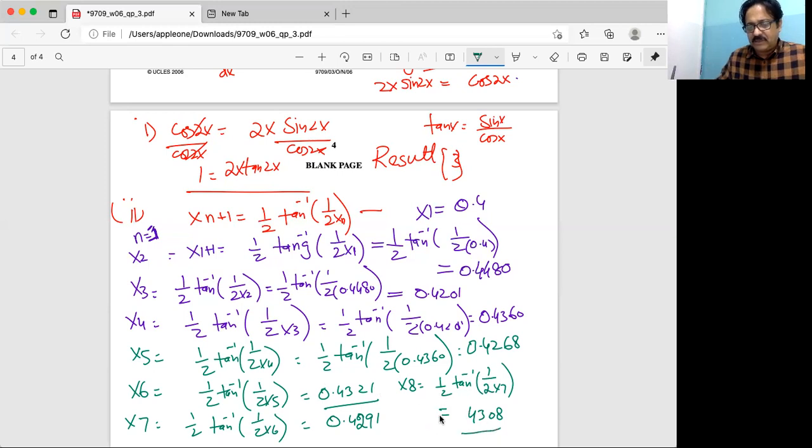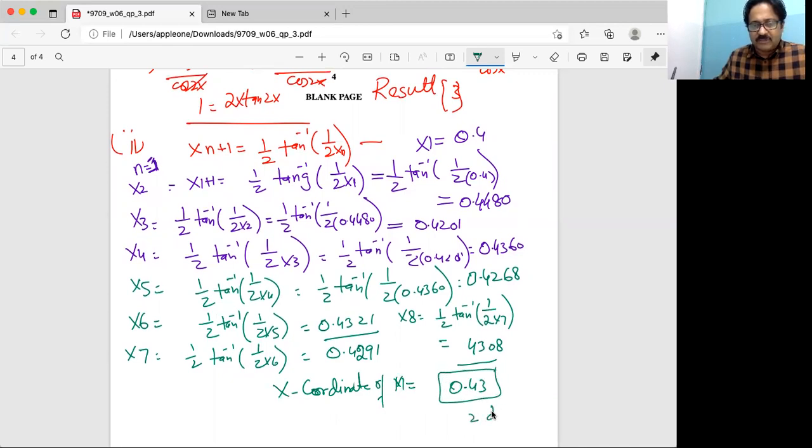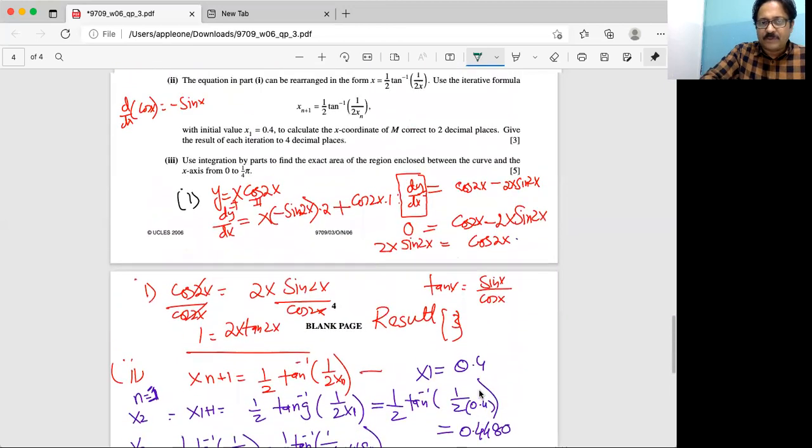So that's the result. They say give the answer to 2 decimal places, so our answer for the x coordinate of m is 0.43. That's the result. I hope it's clear to all.